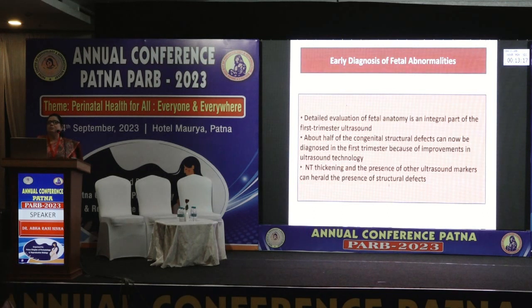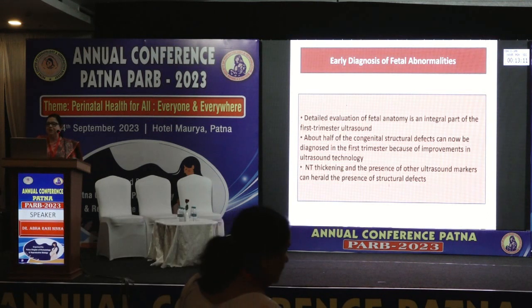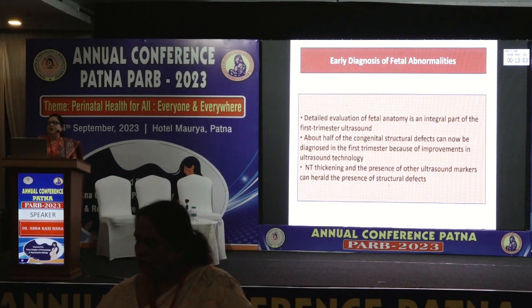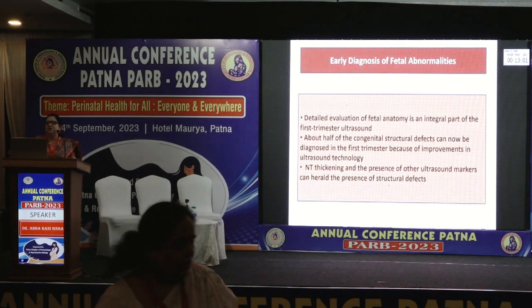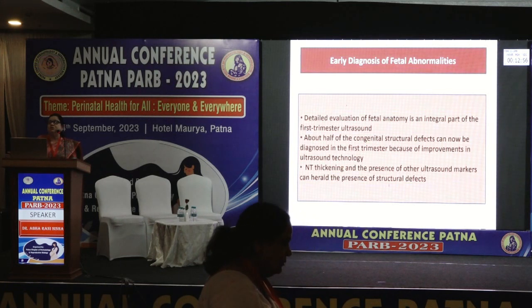The other important part of early antenatal care is early diagnosis of fetal anomalies, because we all know that detailed evaluation of fetal anomalies is an integral part of first trimester ultrasound. Initially, it was only about knowing the gestational age and the viability of pregnancy, but now the 11 to 13 week scan can tell us about many anomalies and also the nuchal translucency thickening.